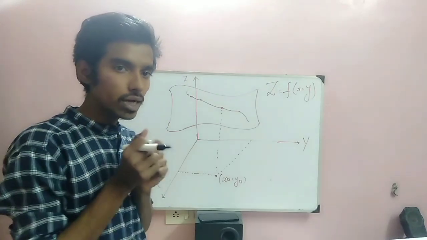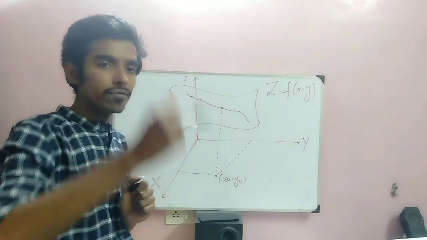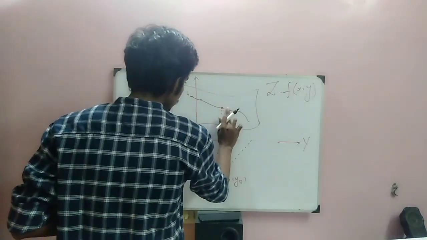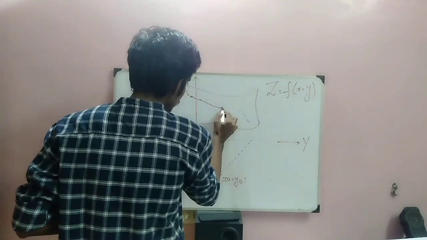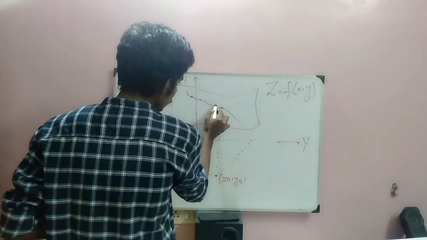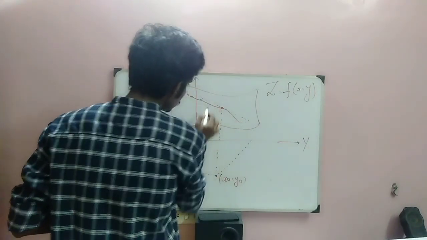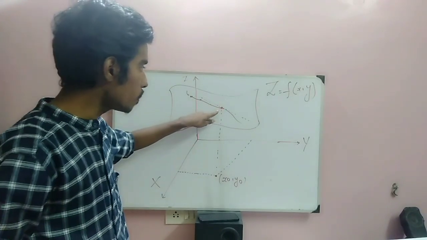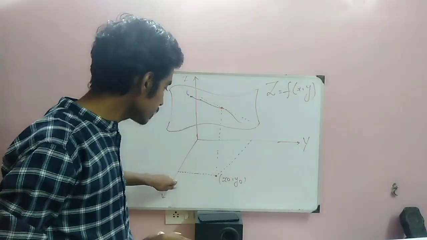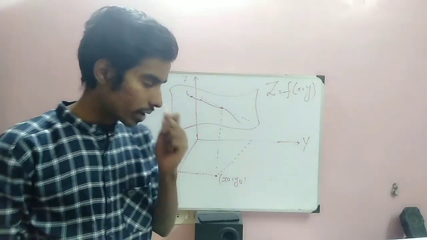Because we are restricting our case to a single variable only: we have fixed x naught and we are varying only y naught. So what will be the tangent line? This will be the tangent line, right? This tangent line is obtained by fixing x naught and varying y naught.